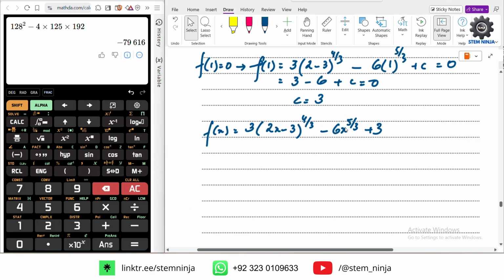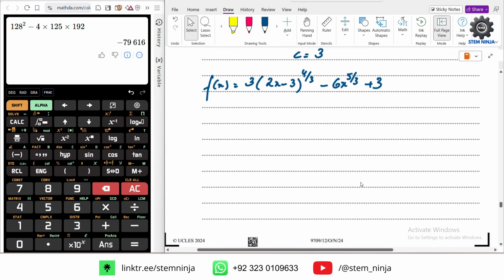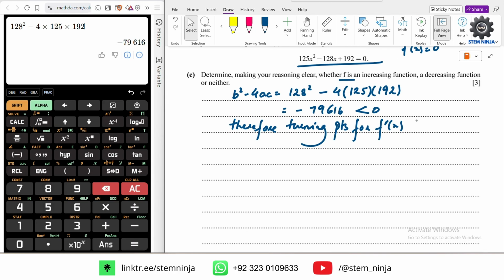What we know over here is that since the gradient itself has no turning point, it's changing in one direction only. Okay, so there is no turning point for that.